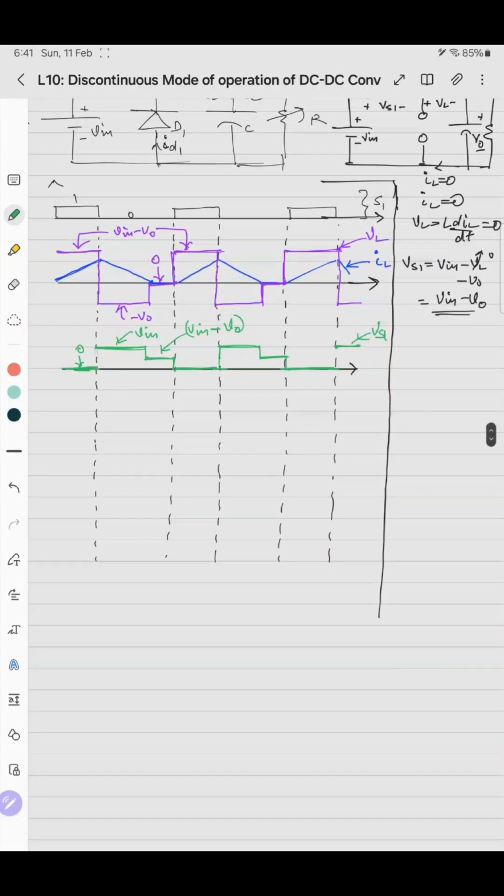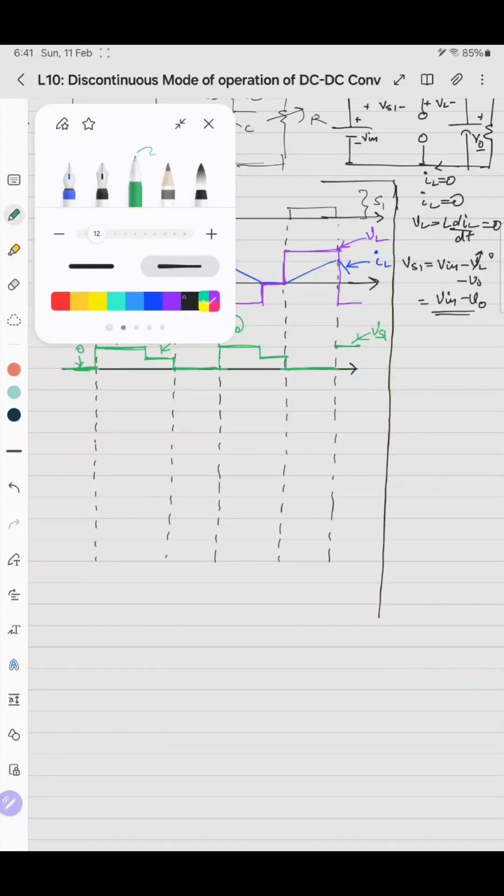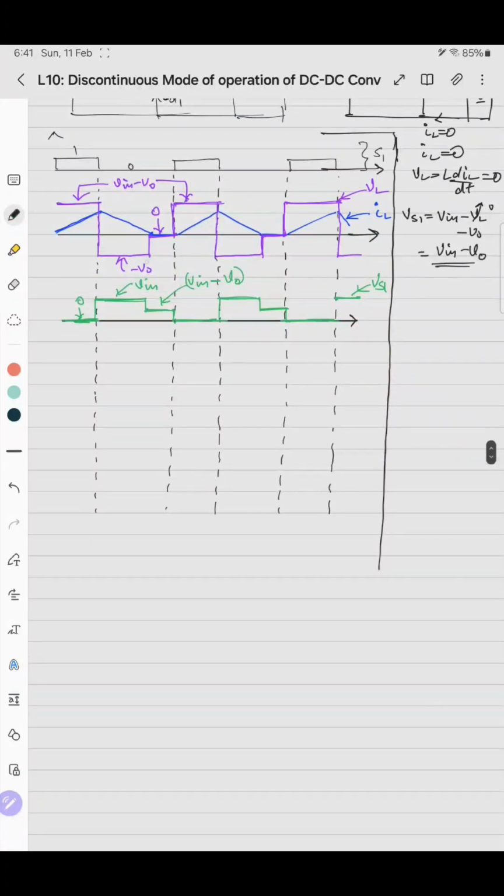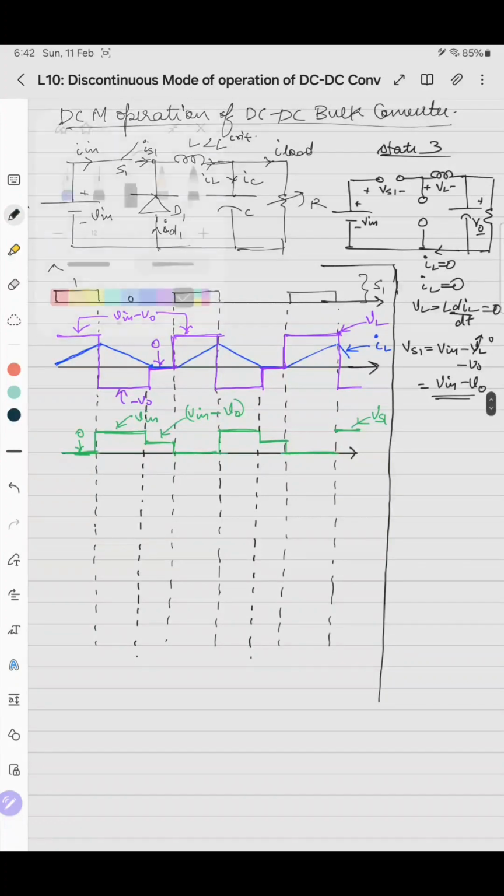So this we can close like this and let me bring down these new dotted lines. So now we have drawn the voltage across the switch.